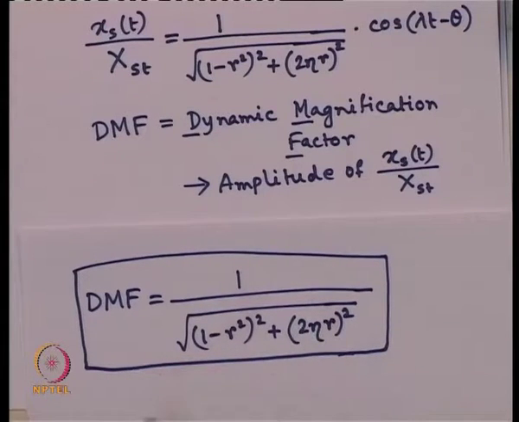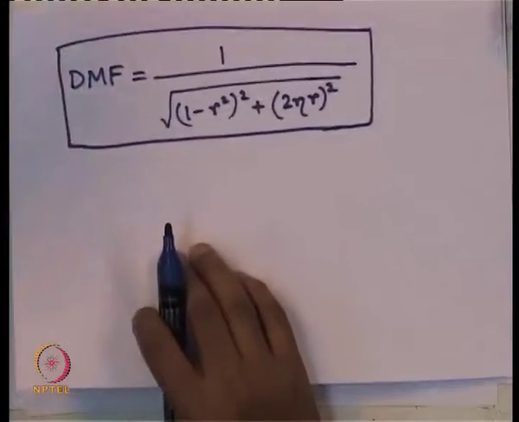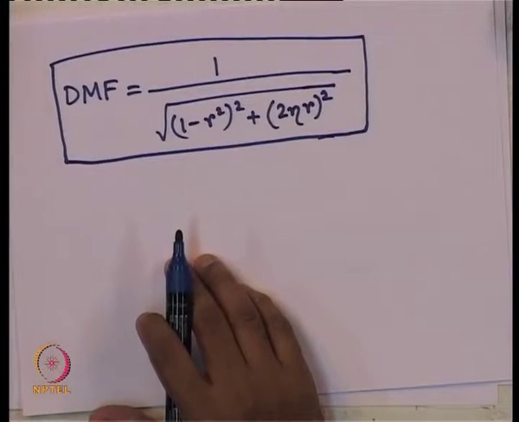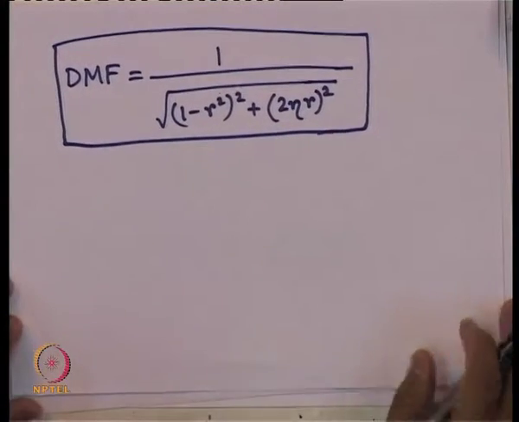So, if it is very important, let us see the response or variation of this DMF with respect to the variation of different parameters like r and eta. So, let us plot the variation of DMF with respect to r and see how it looks like.